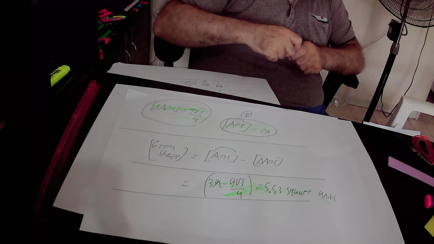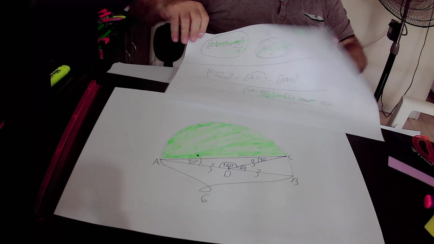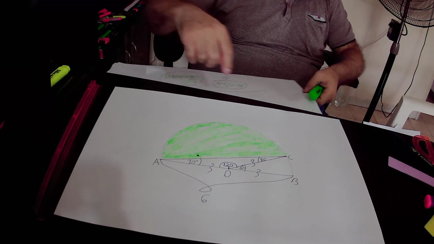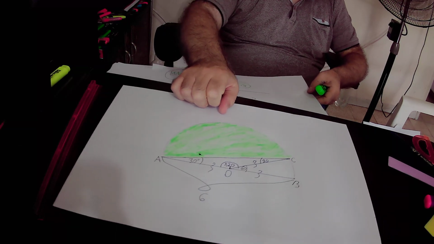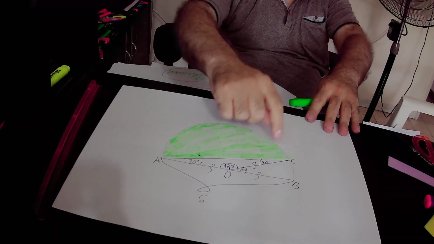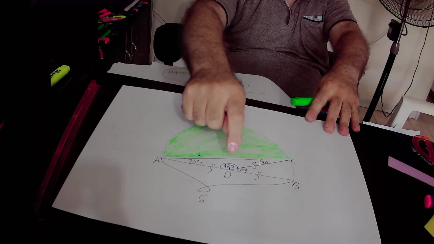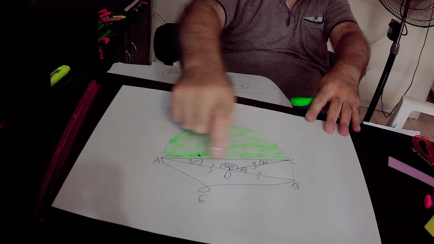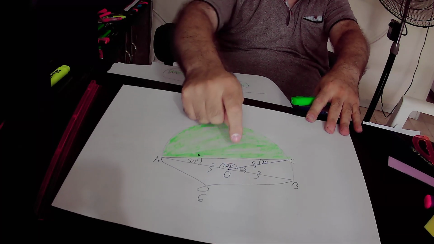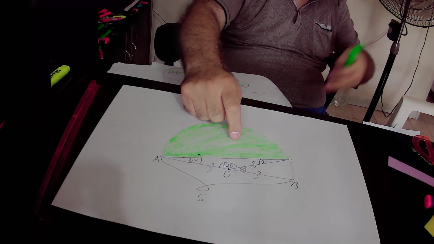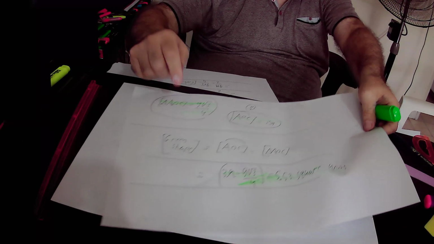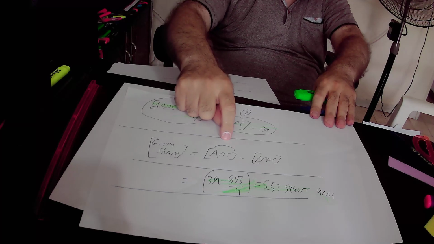And what is actually the area of the green shape? The area of the green shape equals the area of sector AOC minus the area of triangle AOC. Again, the area of sector AOC minus the area of triangle AOC equals exactly the area of the green shape.